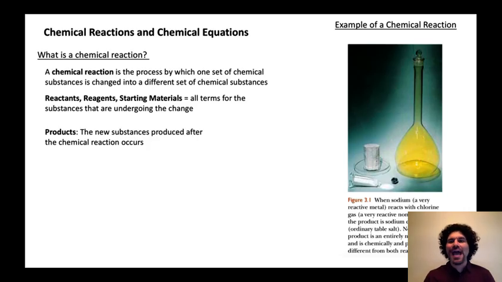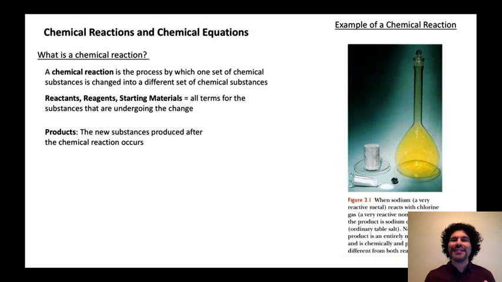Here's an example of a chemical reaction, or at least of the starting materials and product of a chemical reaction. Sodium metal, the gray cylinder on the top left-hand side of the picture, plus chlorine gas. Chlorine is a yellow-green gas, captured in this volumetric flask so that it can't get out.